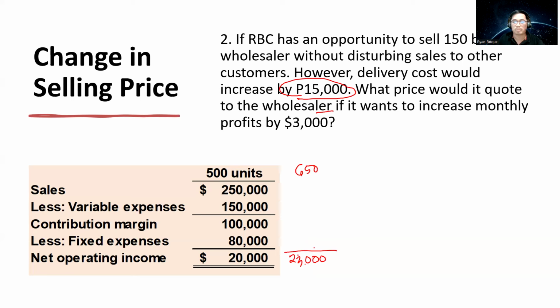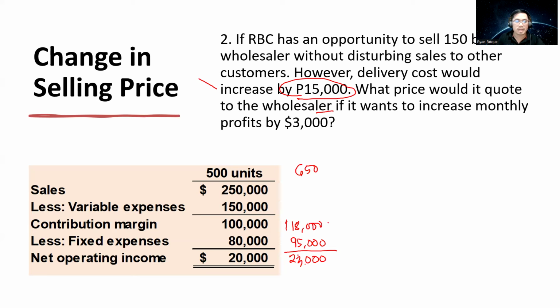What will happen to your fixed expenses? It was said here that this will increase by 15,000, so your new fixed expenses would be 95,000. Therefore, the contribution margin is 118,000 if you work back.